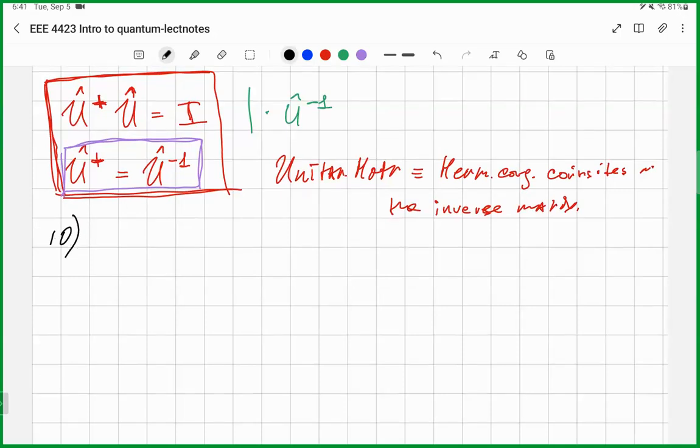And this topic is basically, so we say that we have a matrix, and this matrix transforms a vector into another vector.